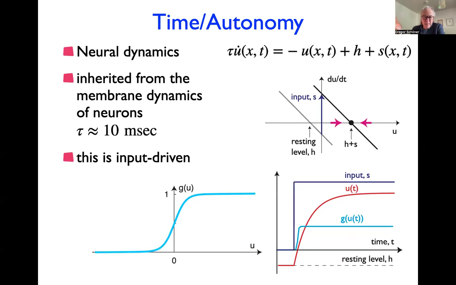Now, the other aspect is time autonomy, and I talked about neural dynamics. So this is a neural dynamical system. The activation U has the rate of change as a function of U. Here plotted is actually a linear function, and this is supposed to be input coming from the sensory surface, for instance, and the input lifts this up, and therefore the attractor that is at the negative resting level without input is shifted to the right, and you have an attractor state at this positive level of activation.